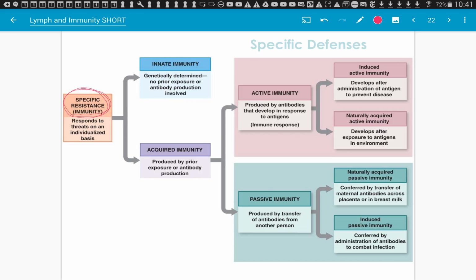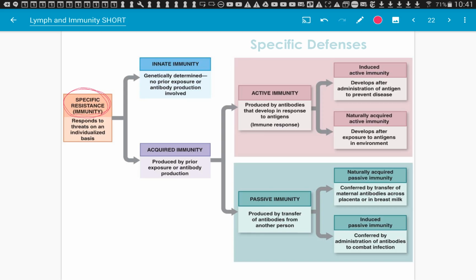Okay, and there are two main categories for specific immunity. One is innate, and the other is acquired. So innate is something that you're born with, genetically predisposed to be able to fight something without ever being exposed to it.